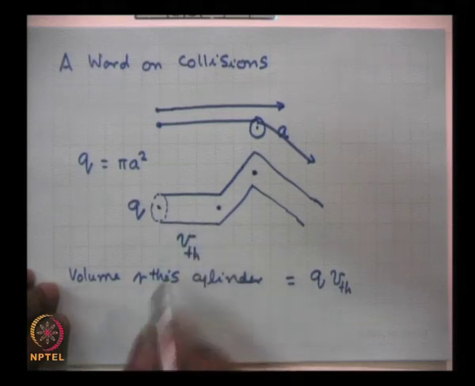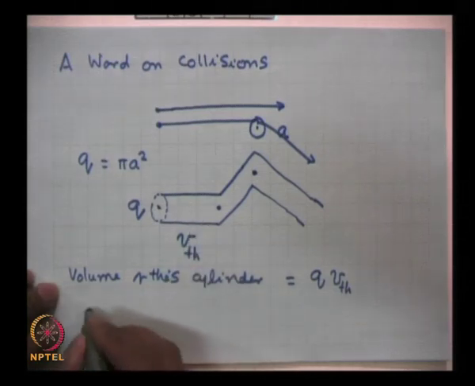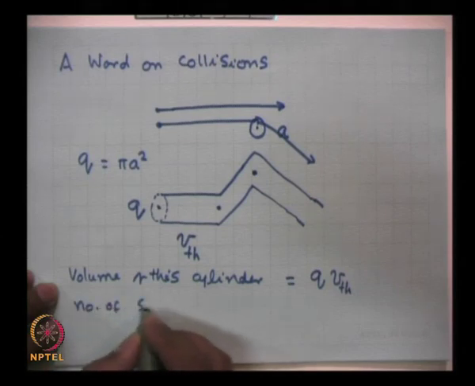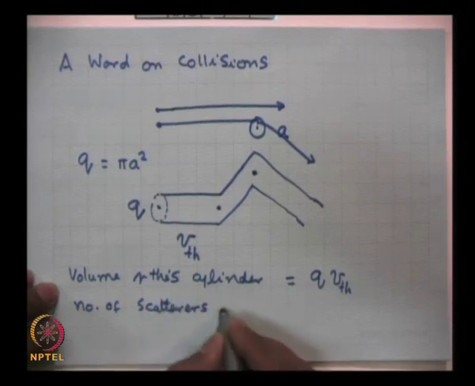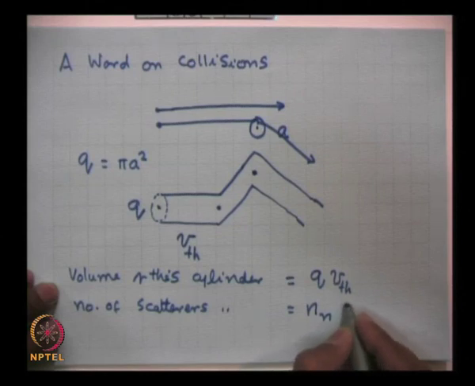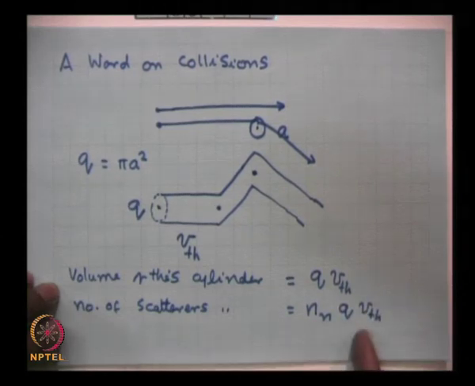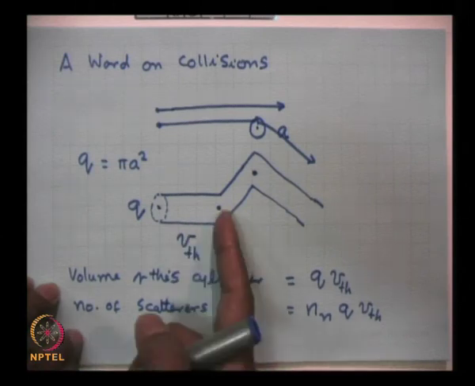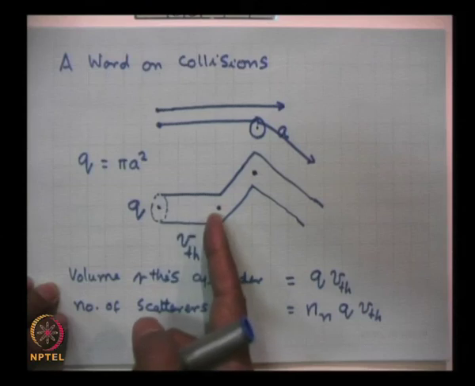Scatterers will be there. If the neutral particles have a density Nn, then the number of scatterers in this cylinder would be equal to their density into volume, and this quantity is then called the collision frequency, because with each particle electron is going to suffer a collision.